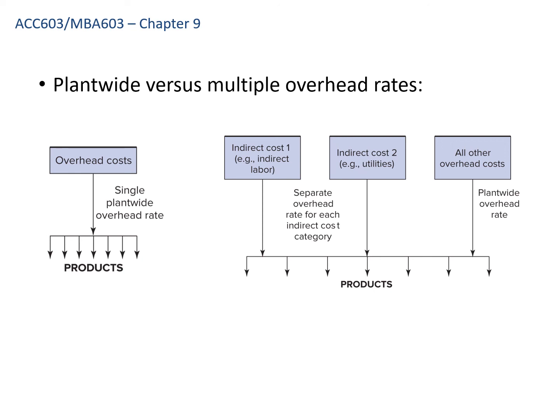And then I'll have some overhead left over like rent or the supervisor salary, something like that, that I just have as a general plant-wide rate. And then based on how much each product consumes of those different types of either labor hours or machine hours or the plant-wide rate, I would allocate it based on that. So it's a little bit better. I honestly think doing multiple overhead rates is a better way to go.